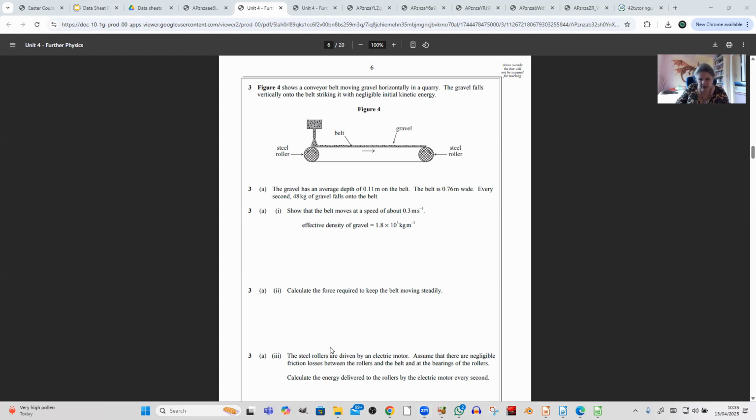It's calculate, and we've got to calculate the force. We already know what the situation is. We've got concrete or something, gravel.